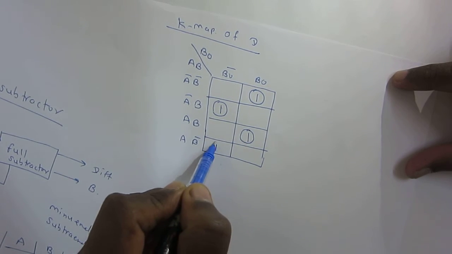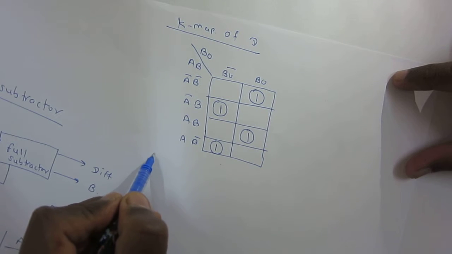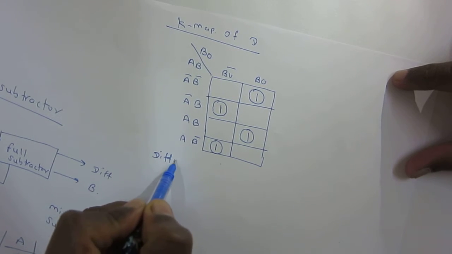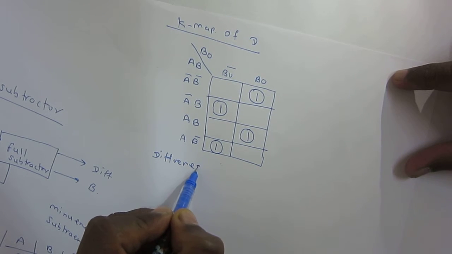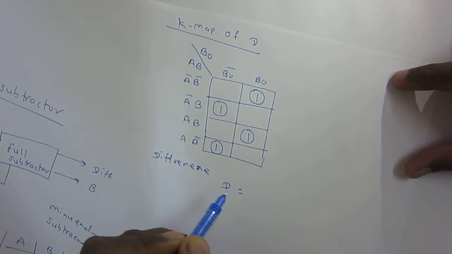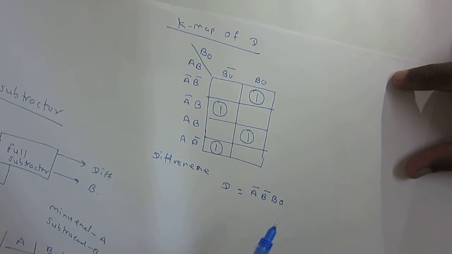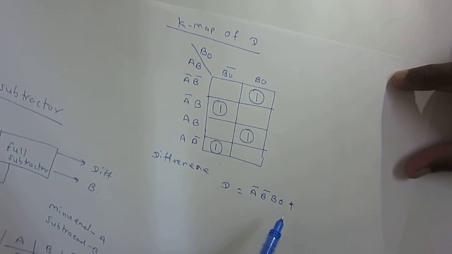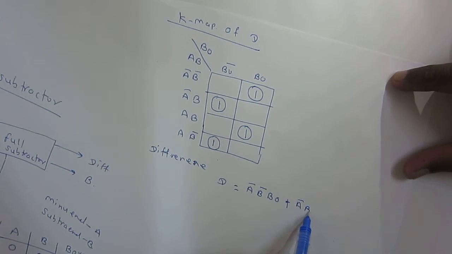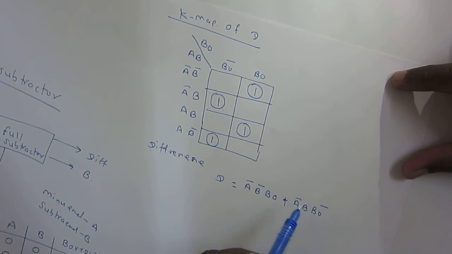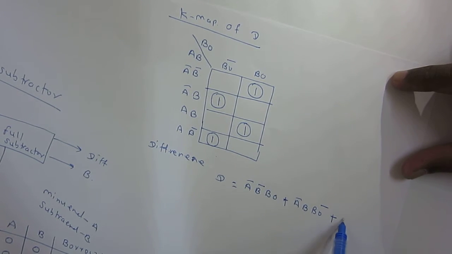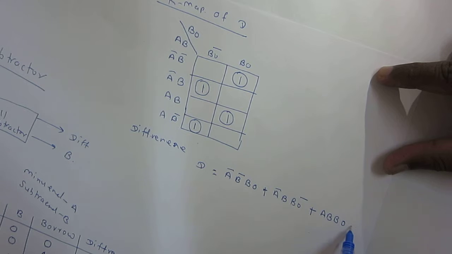So the Boolean expression for the difference will be D equal to A bar B bar B0 plus A bar B B0 bar plus A B B0 plus A B bar B0 bar.